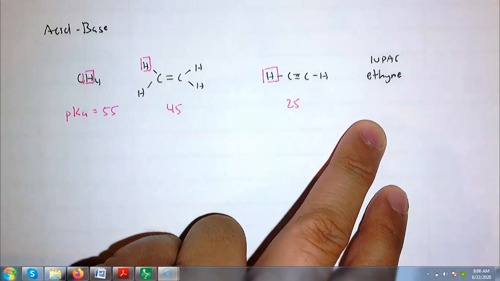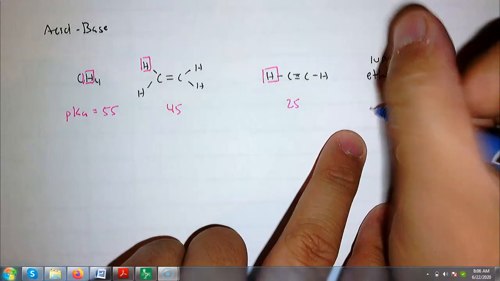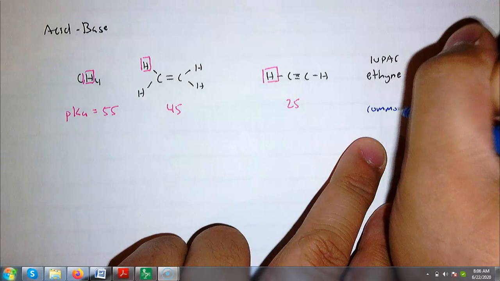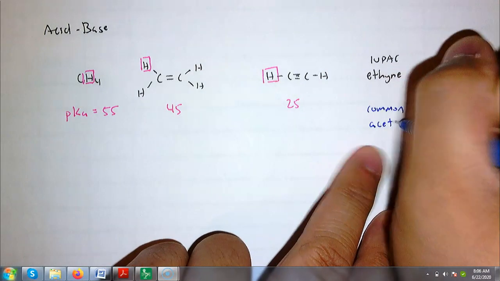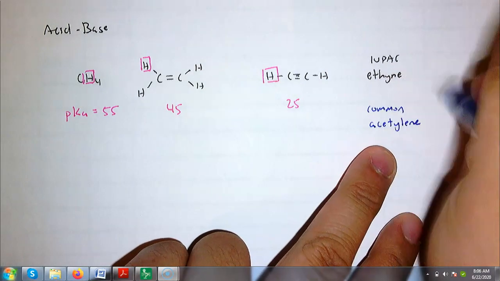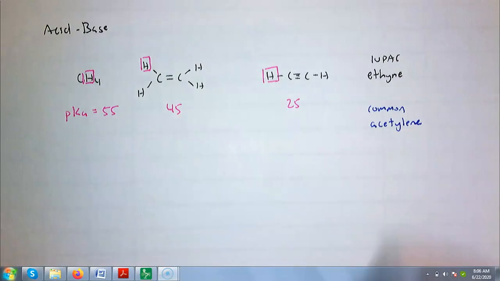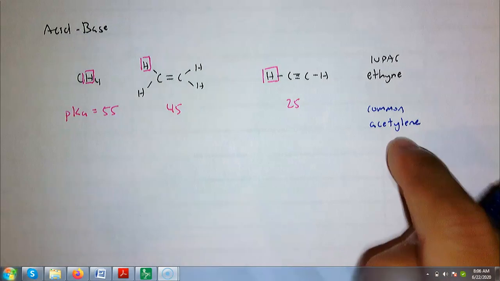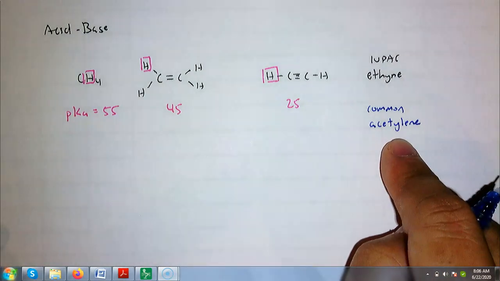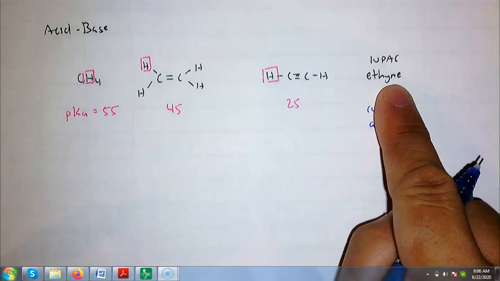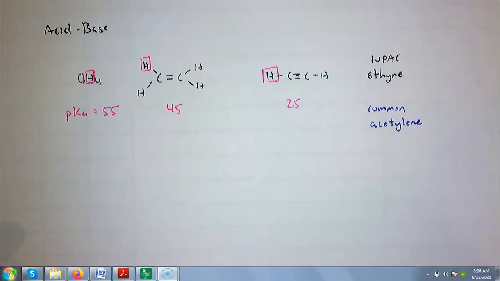But this has a common name that people use a lot. Acetylene. Don't ask me why there's an E. Okay. Acetylene, you've heard of acetylene torch. Okay. So that's the common name. IUPAC obviously is ethyne. Okay, not ethane.